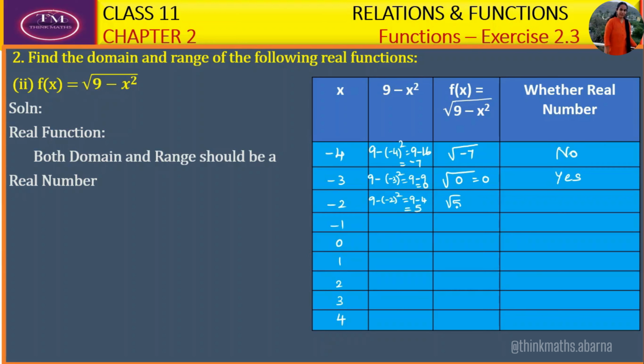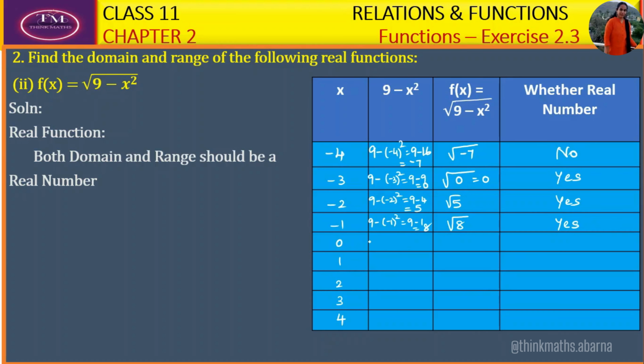Square root of 5? Yes, root 5 is a real number. Next take minus 1. 9 minus minus 1 whole square, and minus 1 whole square is 1, which gives 8. So it is square root of 8. Root 8 is a real number.